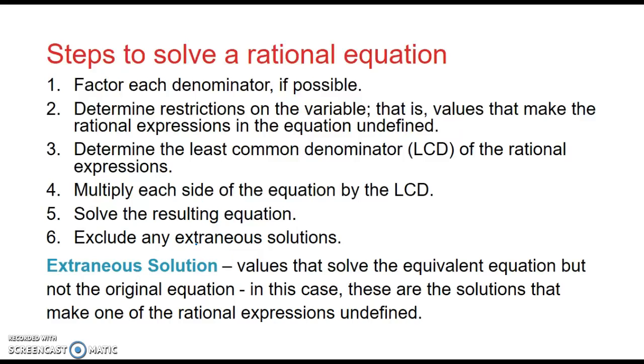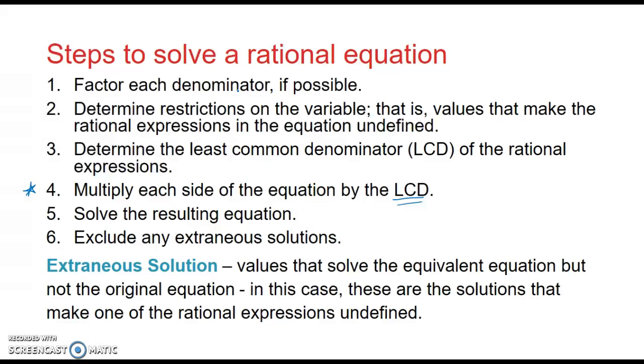So our steps to solve a rational equation will be very similar to solving equations with fractions that we've done before. Our first goal was to clear the fractions from that equation, and we can do that by multiplying each side of the equation by the least common denominator. Before doing that, we may have to work with the equation to get it in a form so that we can identify what that least common denominator is.